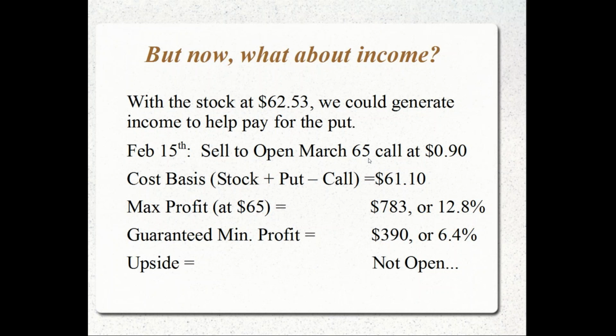Now remember, we increased our cost basis by buying the put. Now we're going to reduce it, so the stock at $56.80 plus our put at $520 minus the 90 premium puts a cost basis at $61.10.